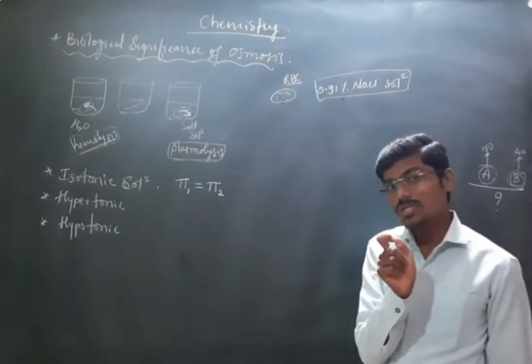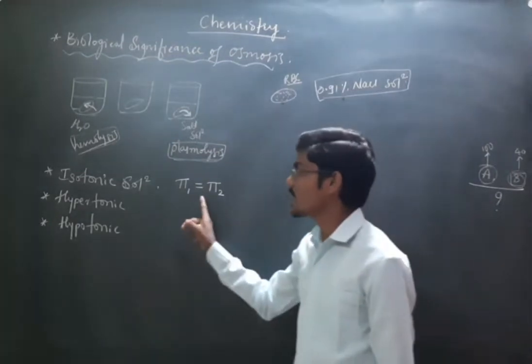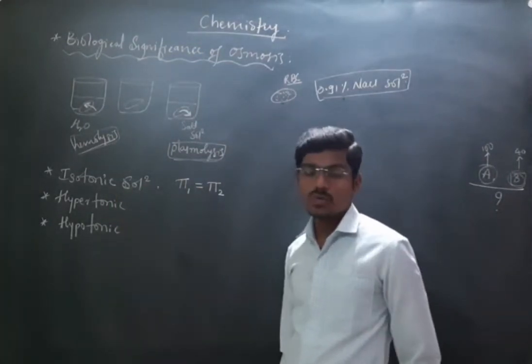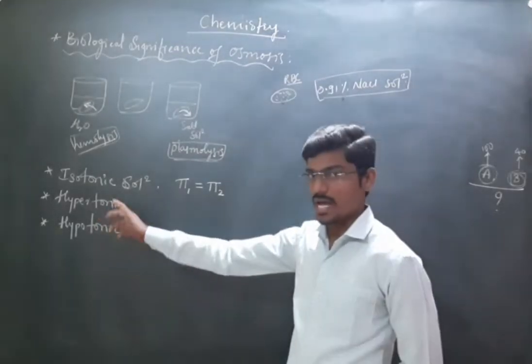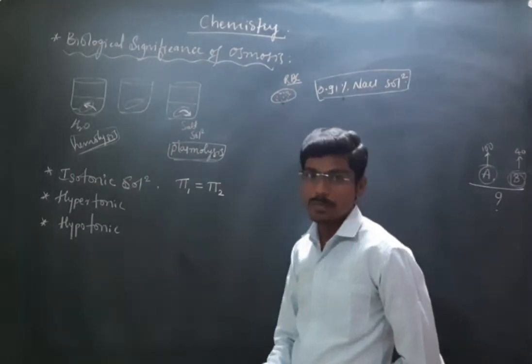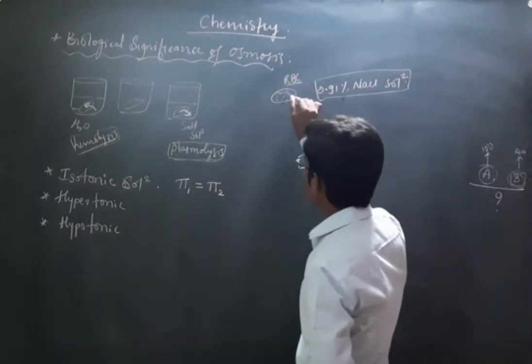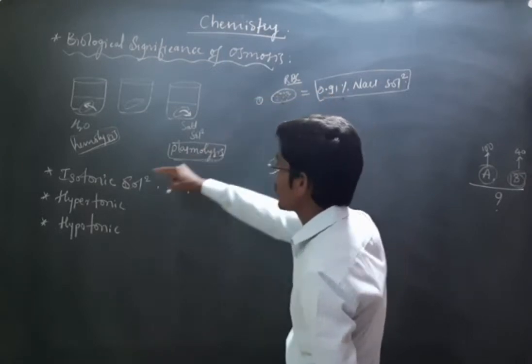The solutions which have the same osmotic pressure are called isotonic solutions. If they do not have the same osmotic pressure, then it may be hypo or hyper. If less, hypotonic; if more, hypertonic solution.